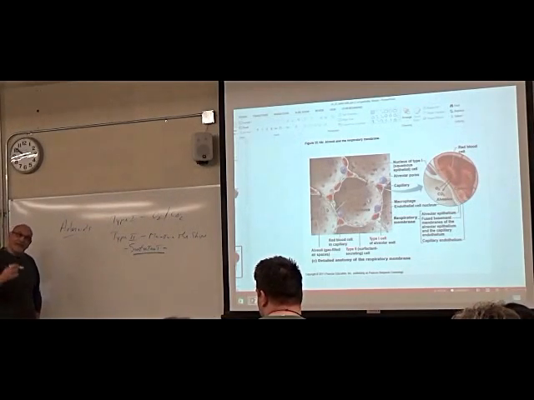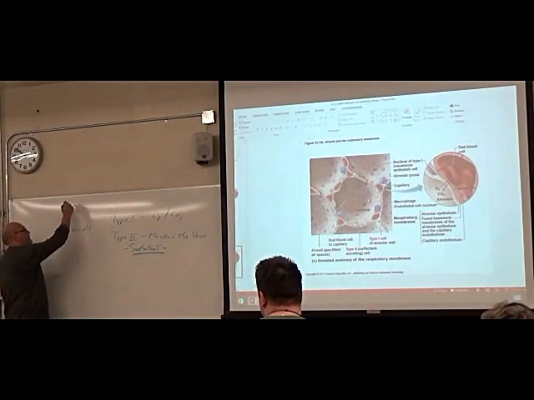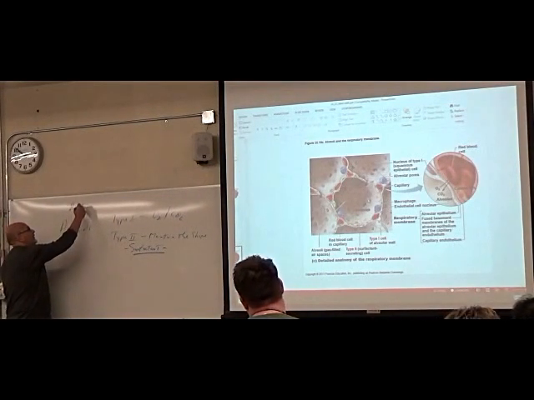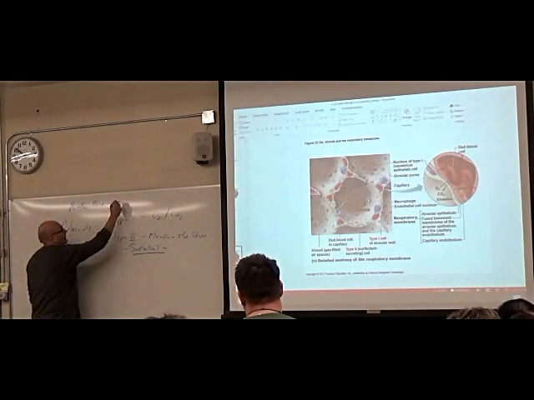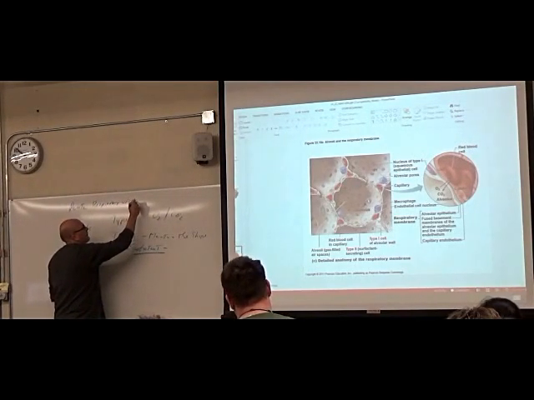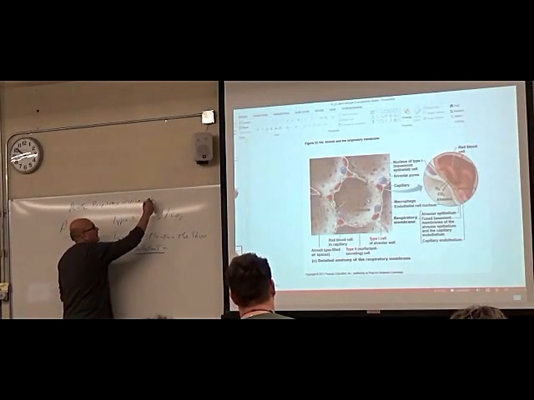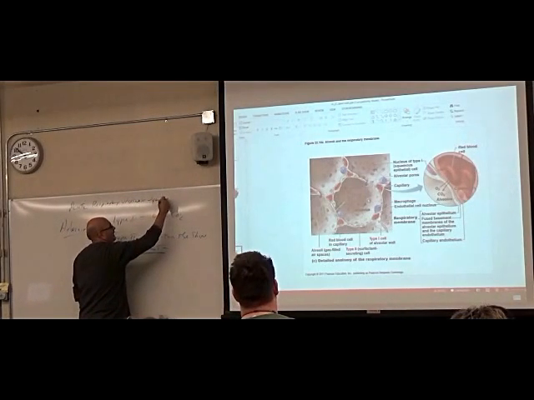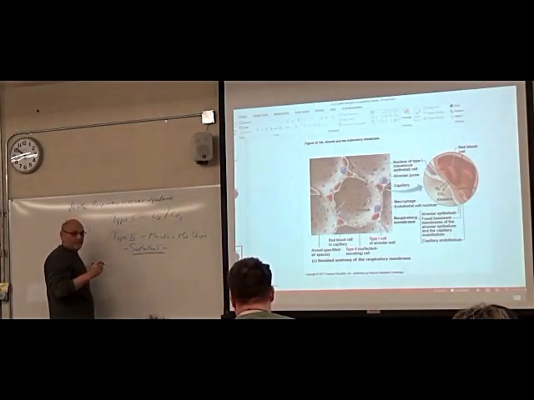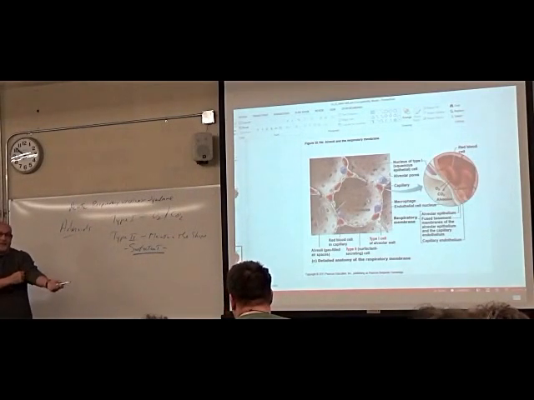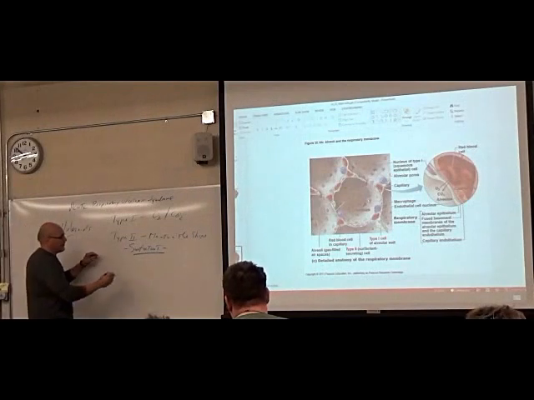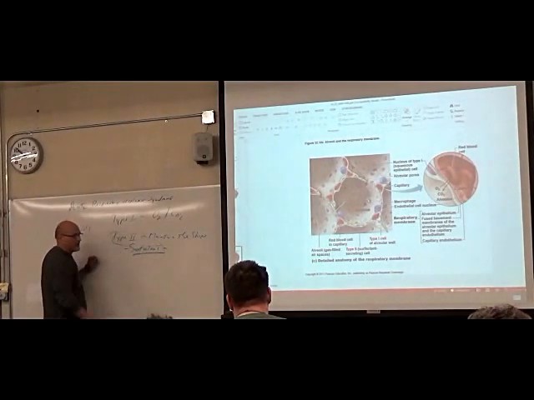But can it happen in an adult? Yes. And in an adult, it's known as what? Acute respiratory distress syndrome. What happens is the person picks up a virus or bacteria that destroys these cells, so you can't produce this anymore.